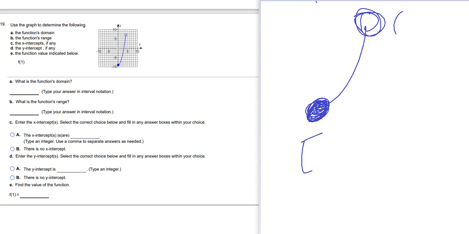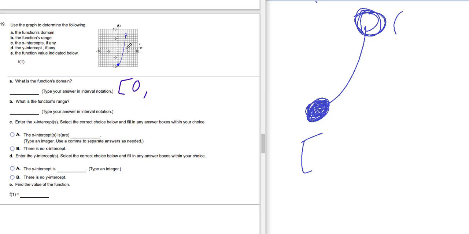That's going to mean parentheses. Included, excluded. On the x, the x is this horizontal one, so it goes from 0 to 4. And the 0 is included, but the 4 is not. And so that's our interval notation.